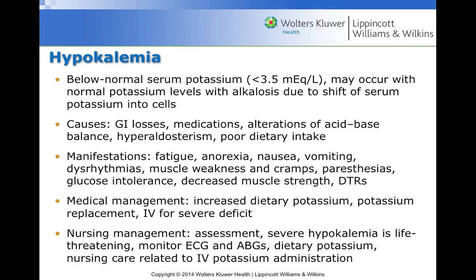Caution must be used when selecting a premixed solution containing KCl, as the concentration ranges from 10 to 40 milliequivalents per 100 mL. Renal function should be monitored through the BUN and creatinine levels, and urine output if the patient is receiving potassium replacement. During replacement therapy, the patient is monitored for signs of worsening hypokalemia as well as hyperkalemia.